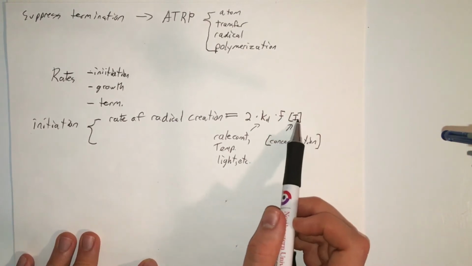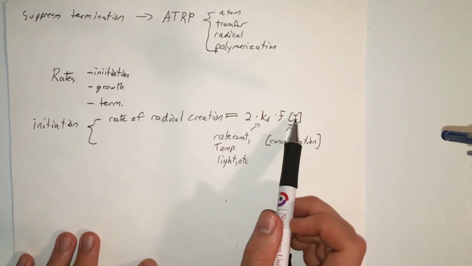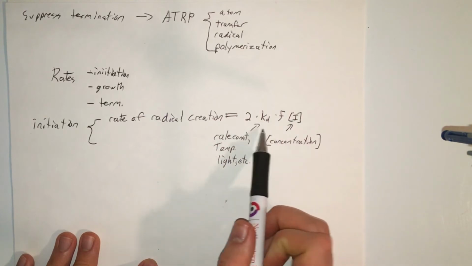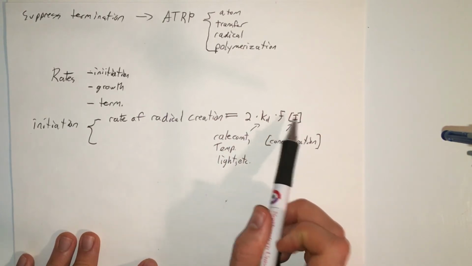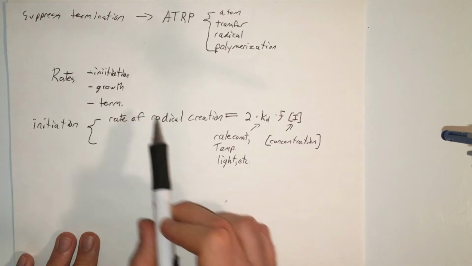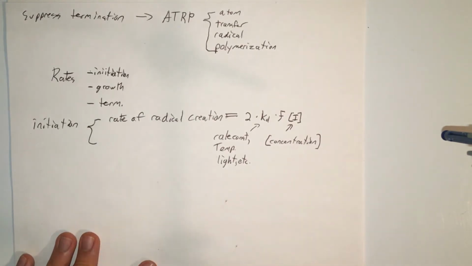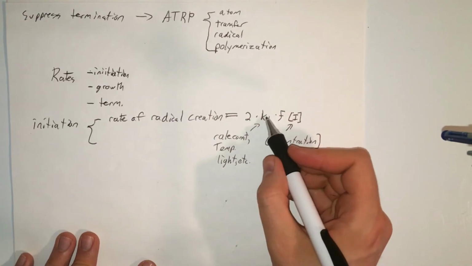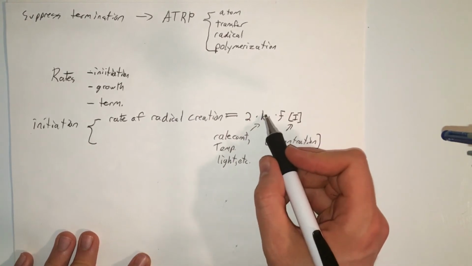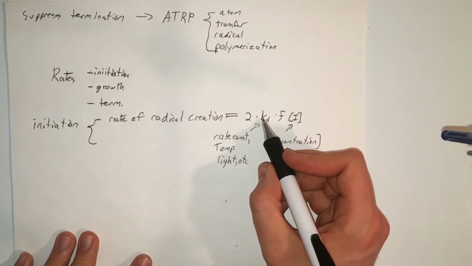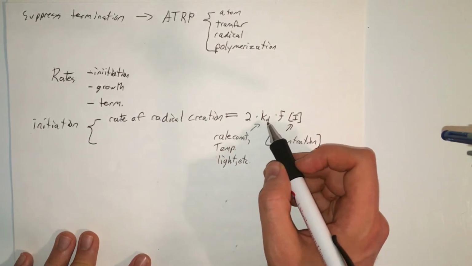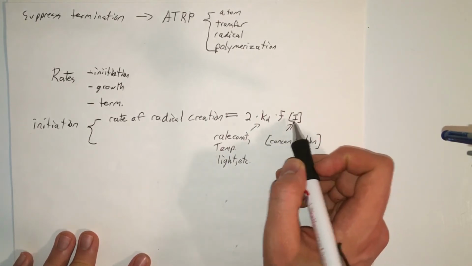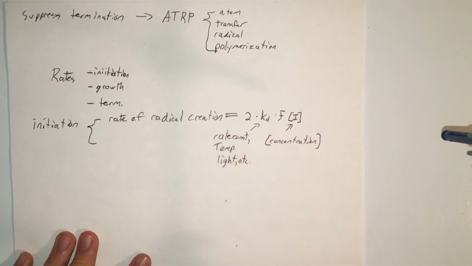The more initiators we have, the more chance that at any given time some of them are going to break up and create radicals. Similarly, if we can tune our rate constant, this would increase the rate at which any one particular molecule would break apart and form the radical species.